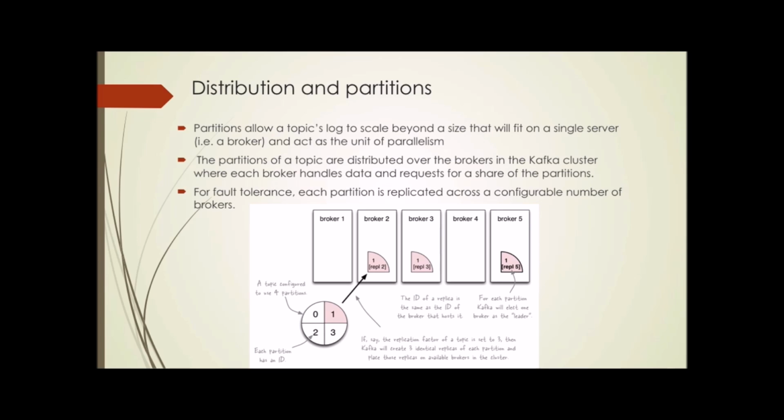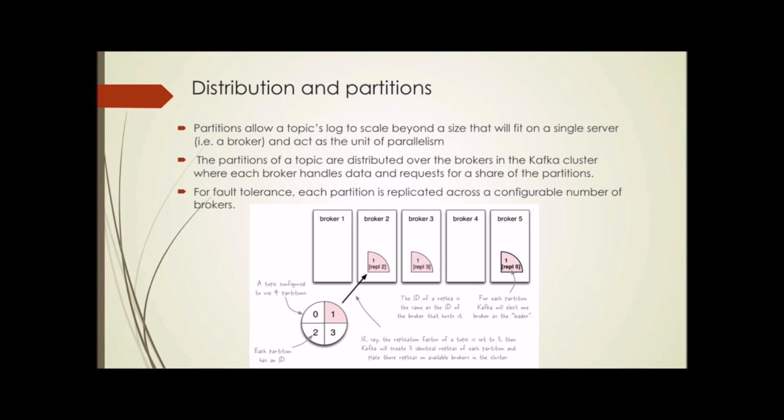Now, as I just told you, you have a Kafka cluster with 5 brokers, 1, 2, 3, 4, 5. Then you define a particular topic, which could be our user activities events. This one is now being divided into 4 partitions, 0, 1, 2, 3, because Kafka is written in Scala, and it comes with the Java numbering system.